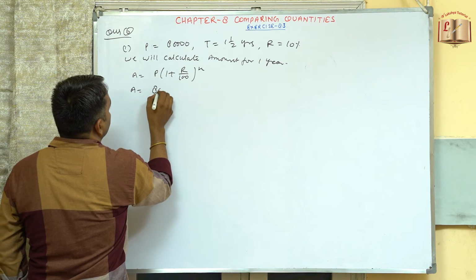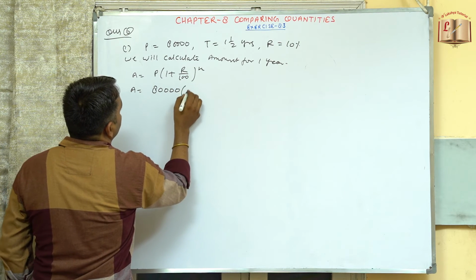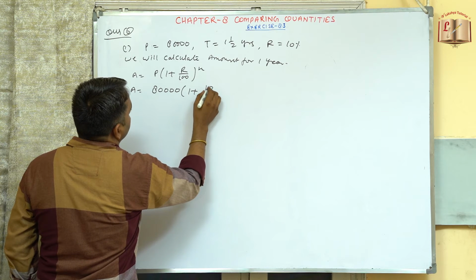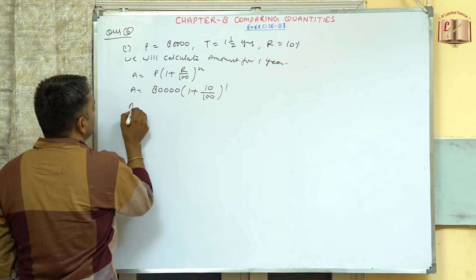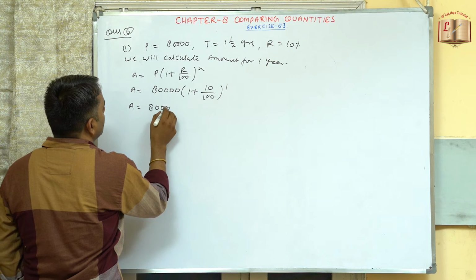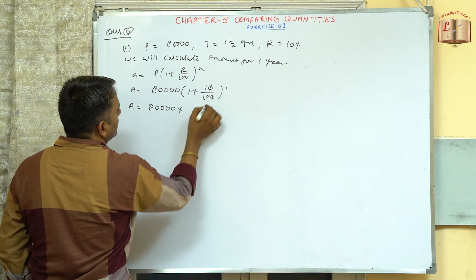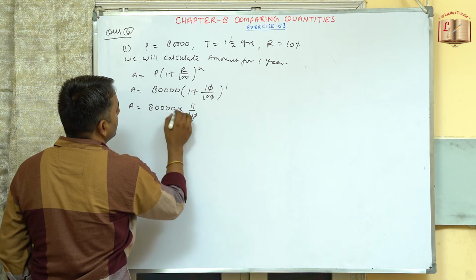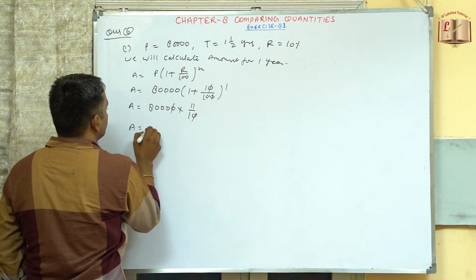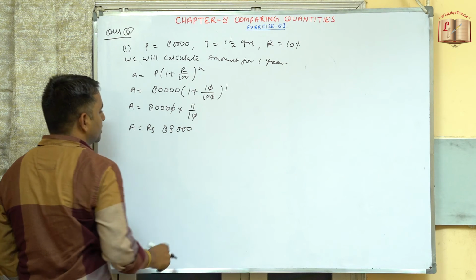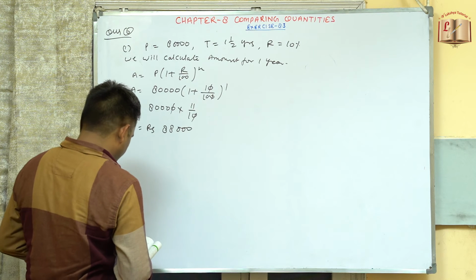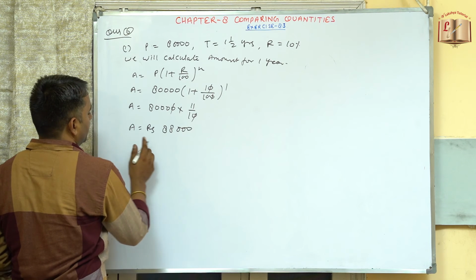A is 80,000 (1 plus 10 by 100) to the power n, n is 1. So A will be equal to 80,000 into this will be 11 by 10. So this is cancelled. So we got A equal to 88,000. Now we will calculate.